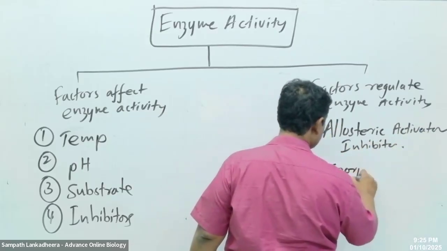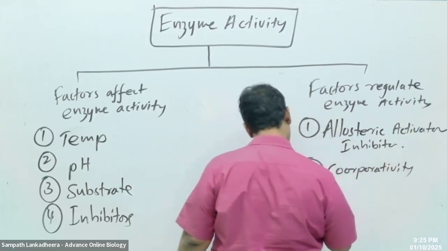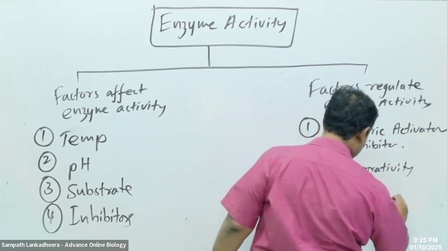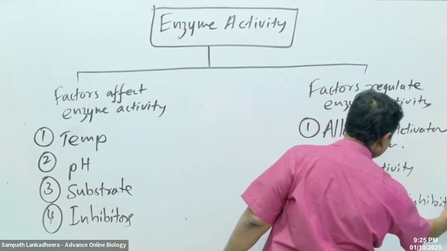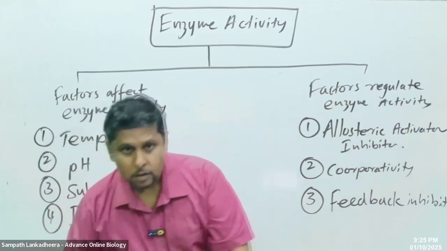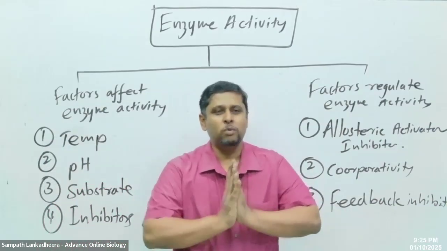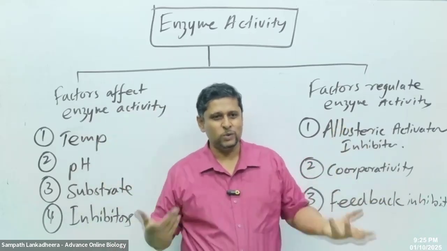Cooperativity regulation. Third one, feedback inhibition. So these are the methods of regulating enzyme activity. I want you to quickly go through these things.